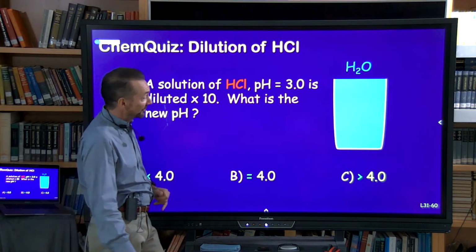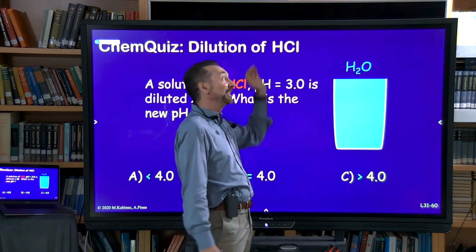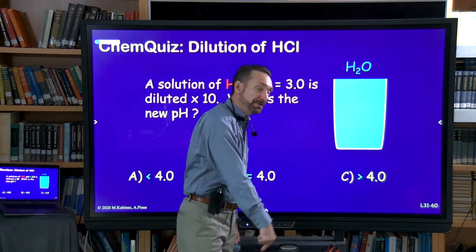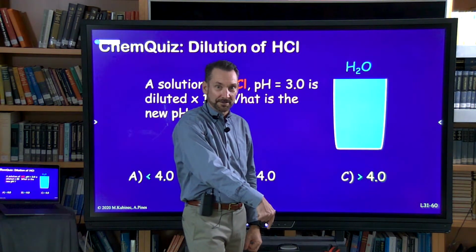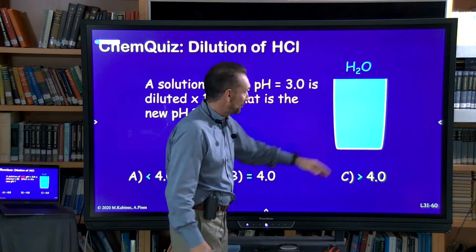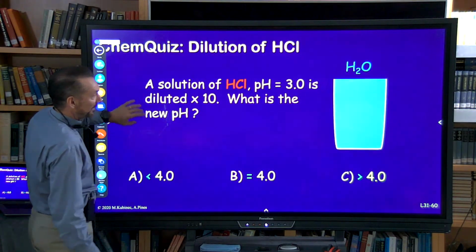So we just went from pH 3, we've diluted it 10 times, so the concentration went down 10 times. So now the concentration is 10 to the minus 4.